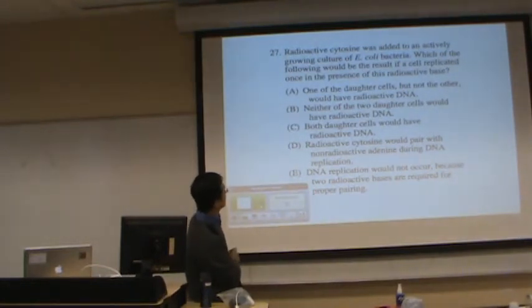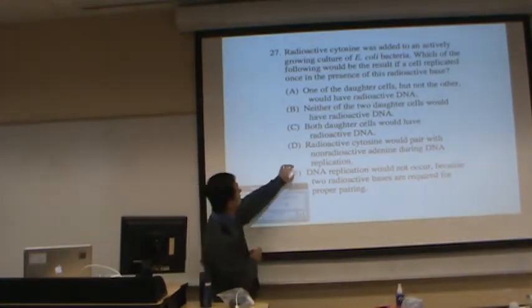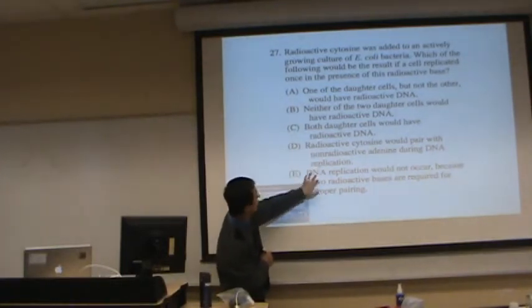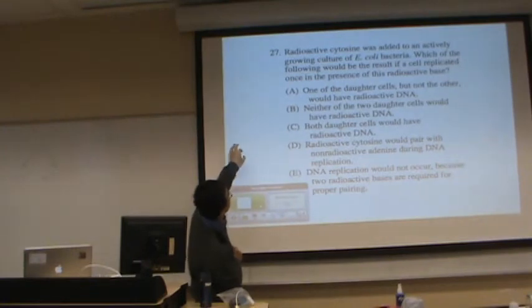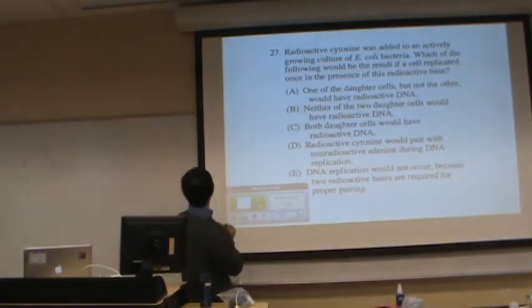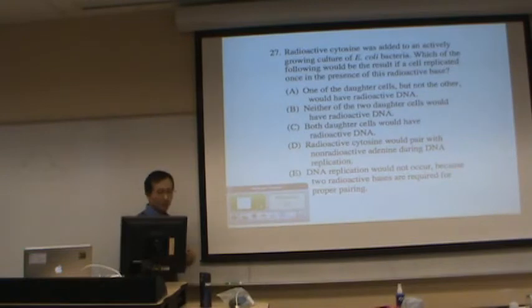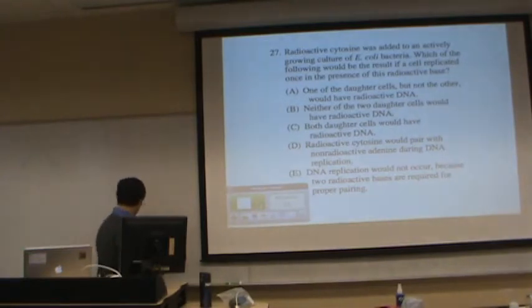So we can just eliminate the wrong ones. So this one will be gone. This one will be gone. Now look at A, B, C. We know the DNA replication is semi-conservative.